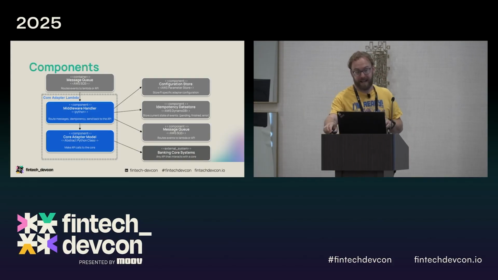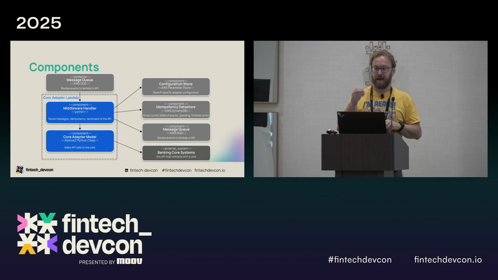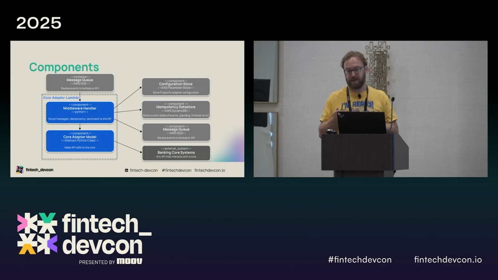At the very beginning, we looked at doing a single Lambda for every core, which we've gone back and forth on, because then you could use config to say this bank is using JExchange, go load the JExchange model, make your calls against that model. We ultimately decided to split that, so every core has its own Lambda.